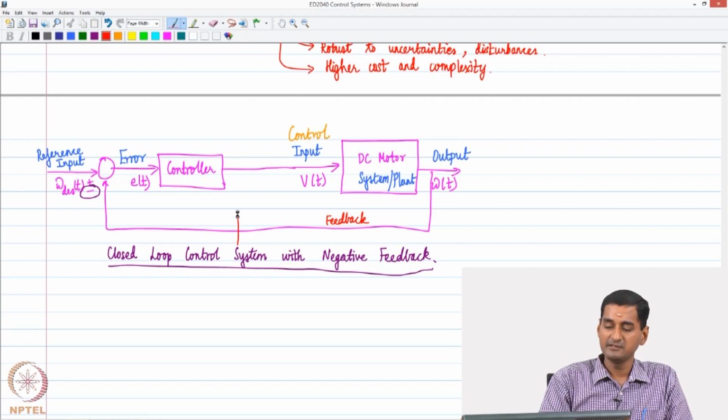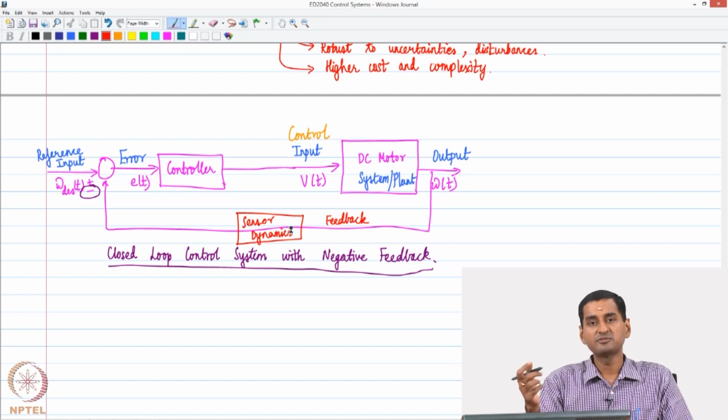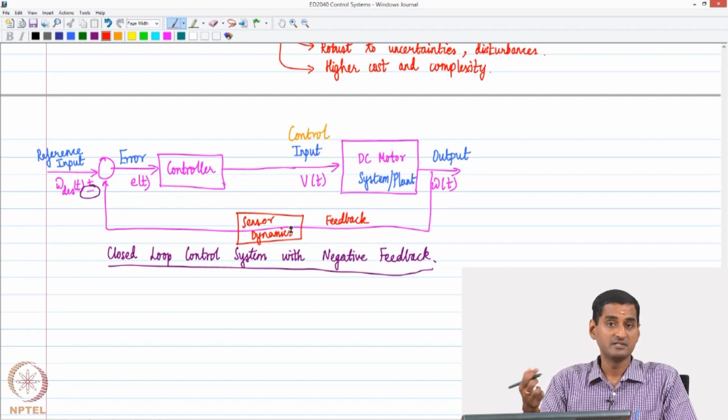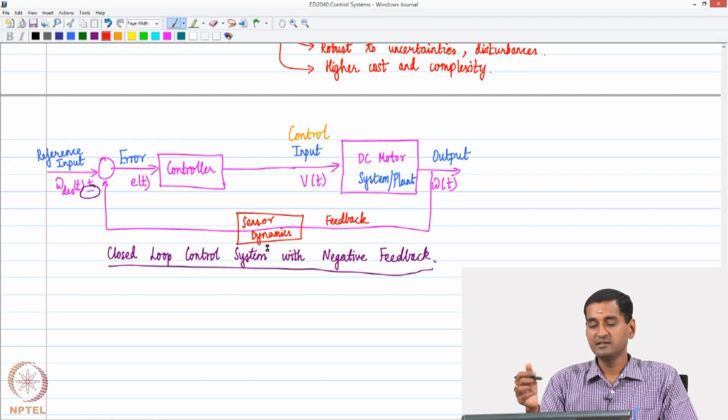For example, we can have some sensor dynamics coming into play here, right. So, let us say I use a sensor for measuring speed, that may have its own dynamic characteristics. I may need to use a filter to filter out noise, then a mapping comes in the feedback path.